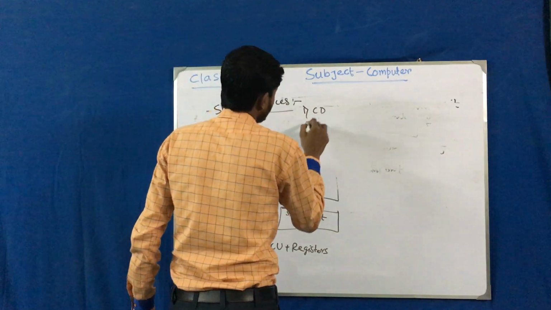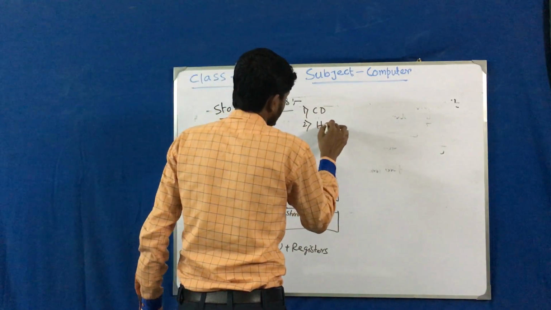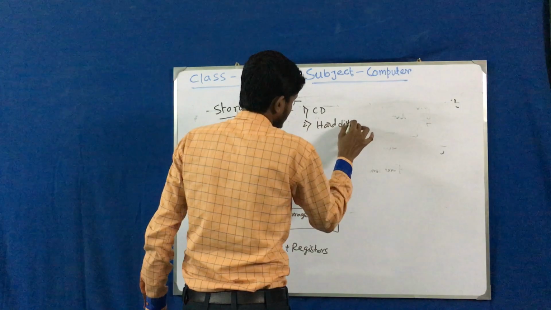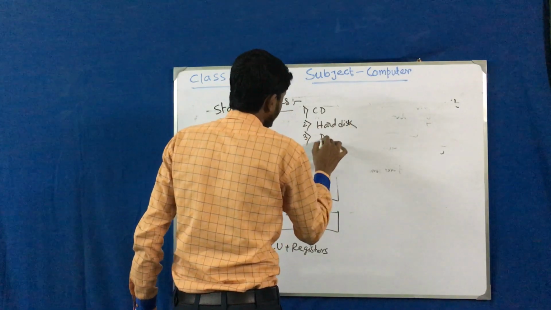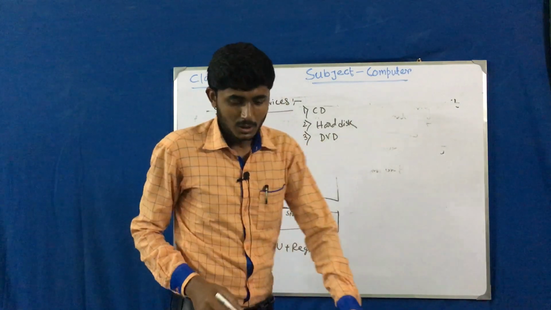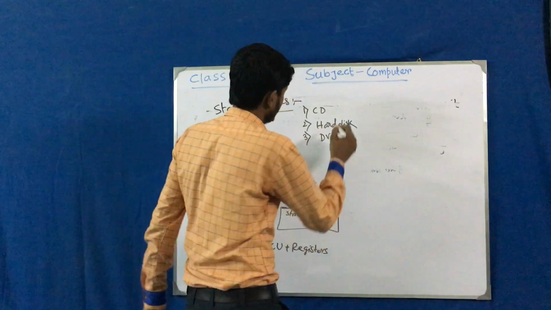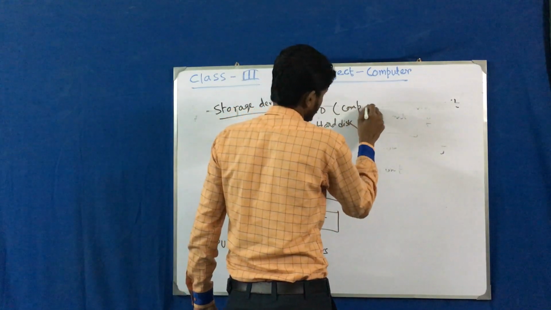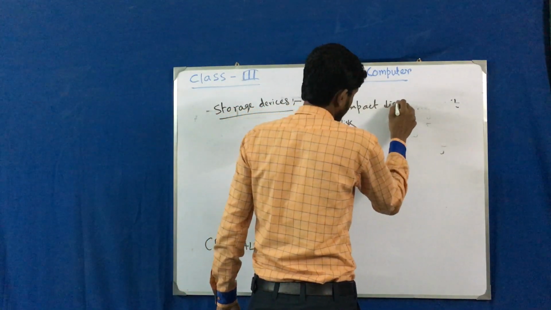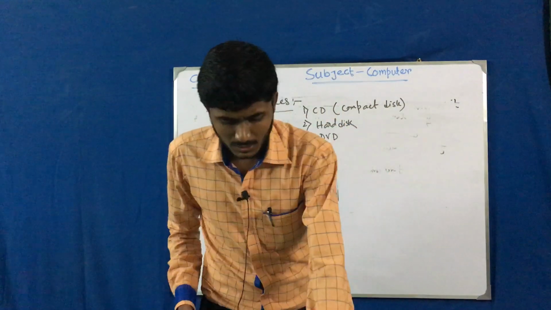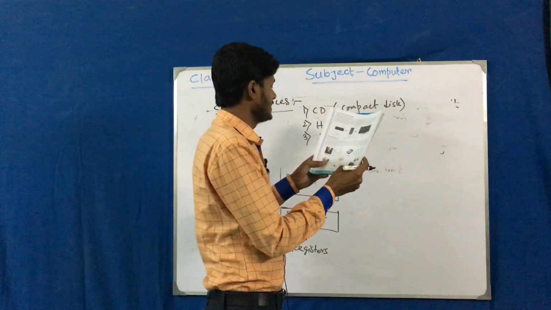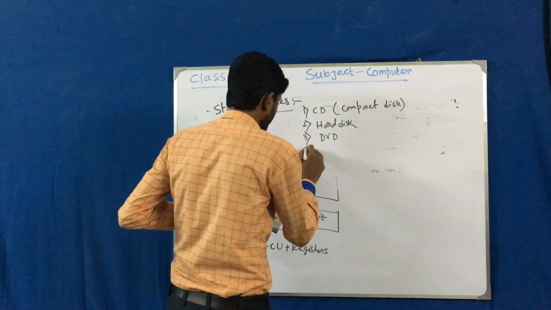The examples of storage devices: first one is CD, second is hard disk, third is DVD. CD refers to compact disc.